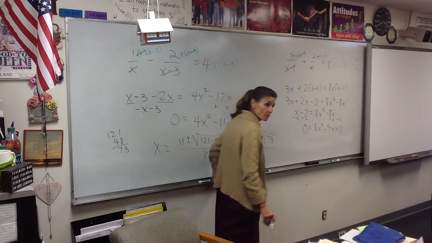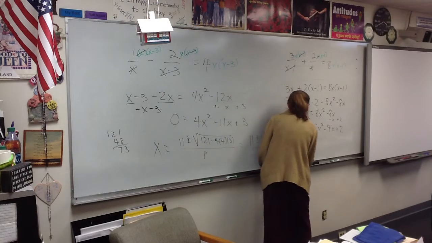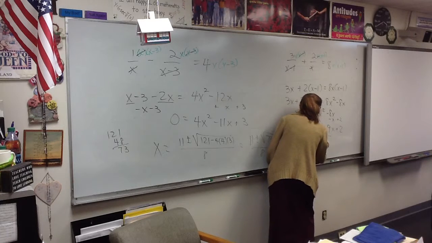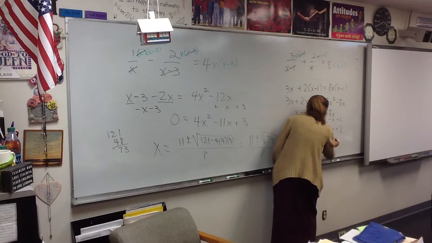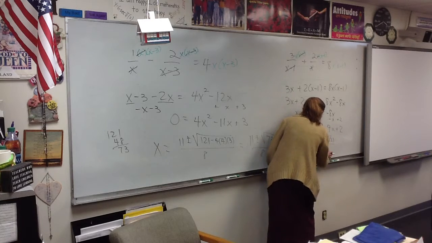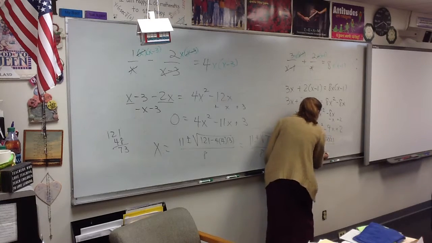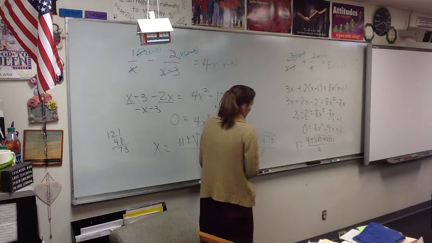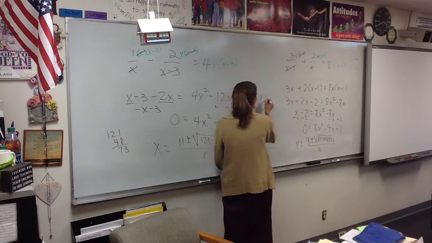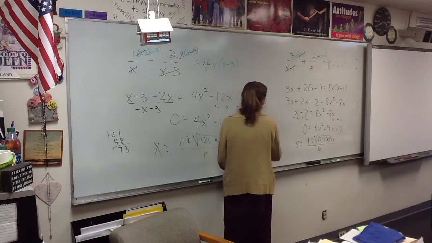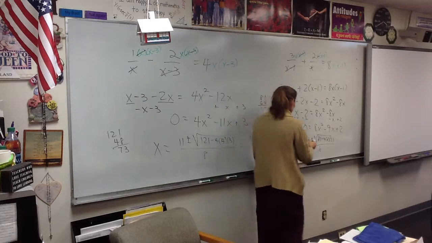And I'm going to use my quadratic formula again. So negative b plus or minus the square root of b squared minus 4ac all over 2a, which would be 16. That's 17 under there.